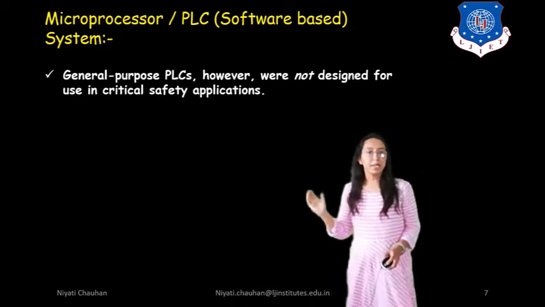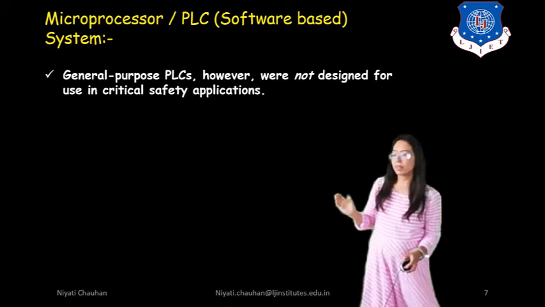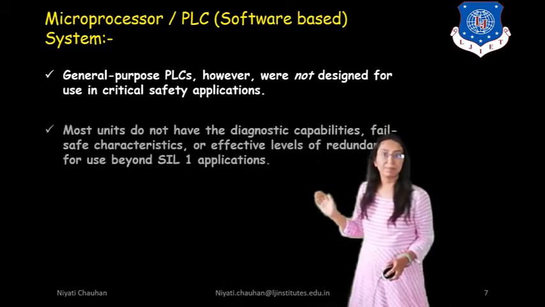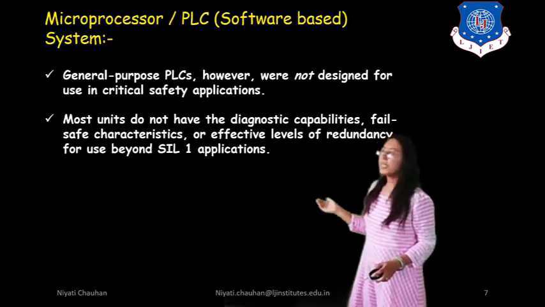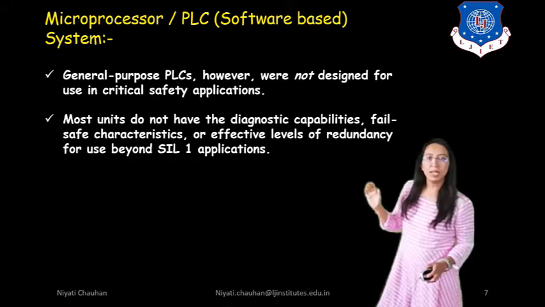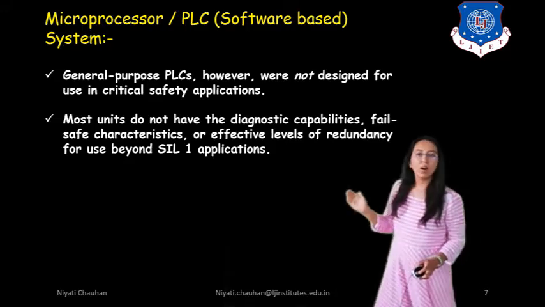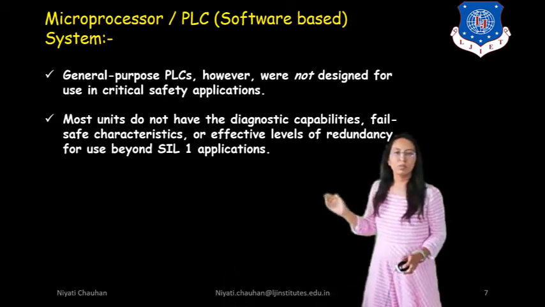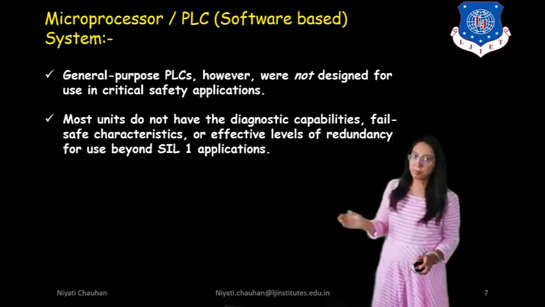General purpose PLCs, however, were not designed for use in critical safety applications. Most units do not have the diagnostic capabilities, fail safe characteristics or effective levels of redundancy for use beyond SIL1 applications.